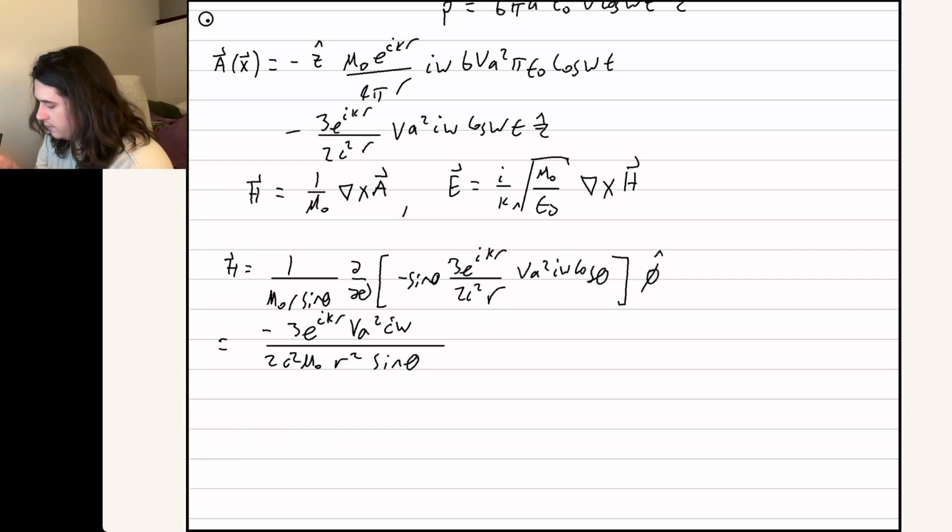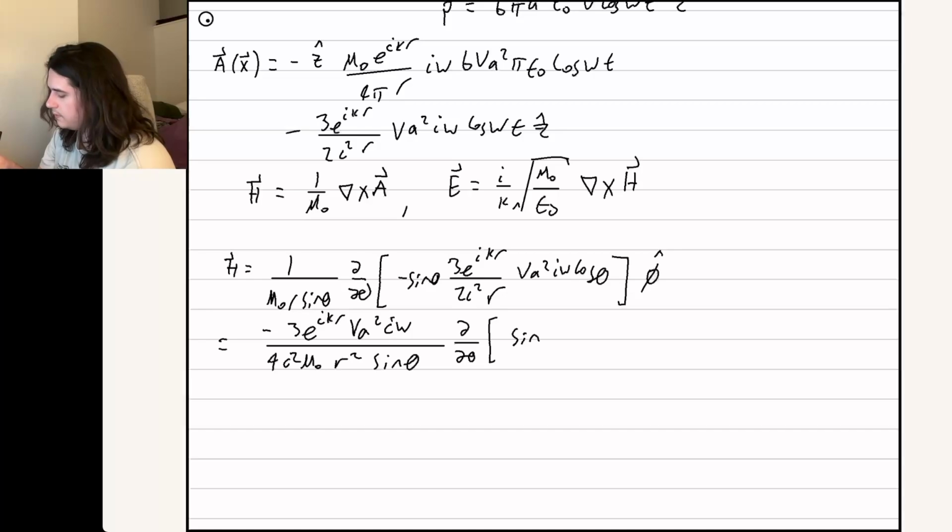And then we're going to turn the identity of sine theta cosine theta into 1/2 of sine 2 theta. So we're actually going to make this into a 4 out here, and we're doing the derivative of sine 2 theta, which turns into 2 times cosine 2 theta.